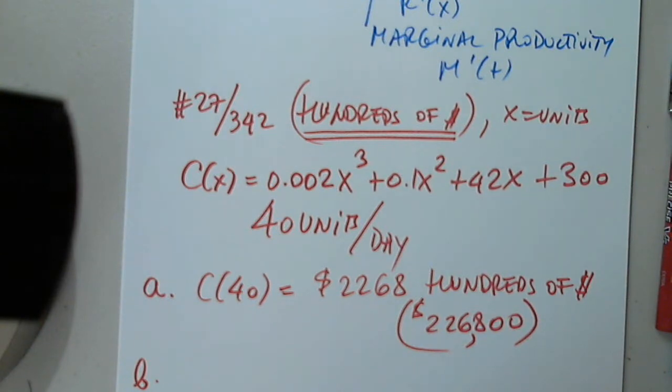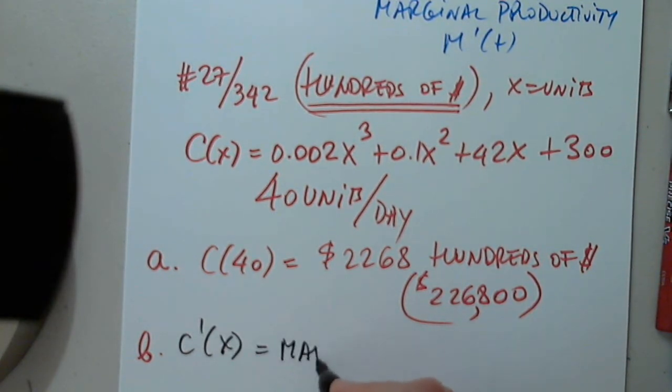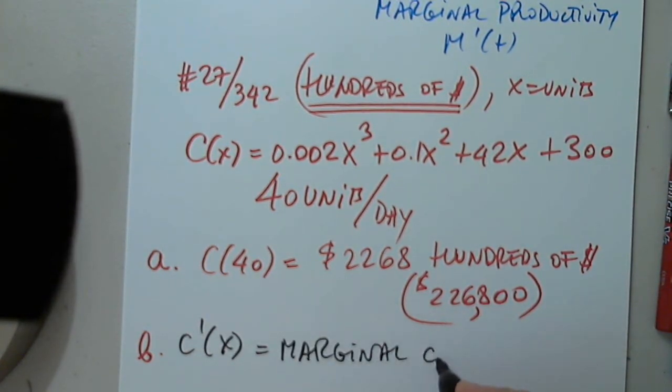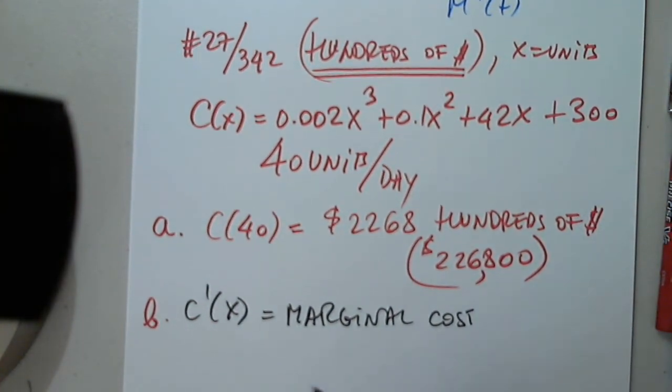What is the marginal cost when x is 40? What do I need to determine first in order to find the marginal cost when x is 40? We need to differentiate. Very good. Perfect. So we have to find the marginal cost first. We need to find C prime of x. How can I plug in 40 if I don't have the function?